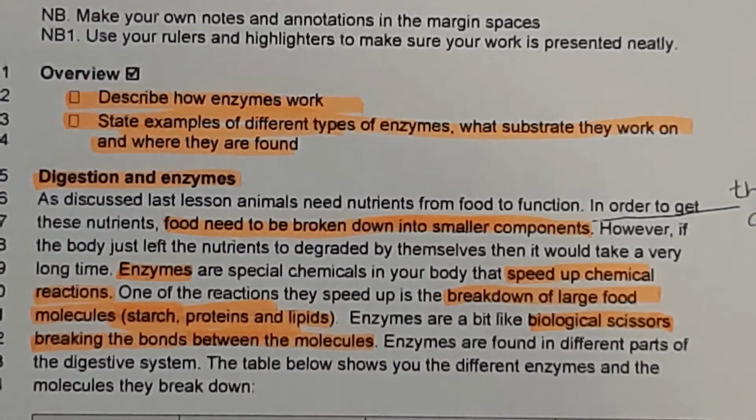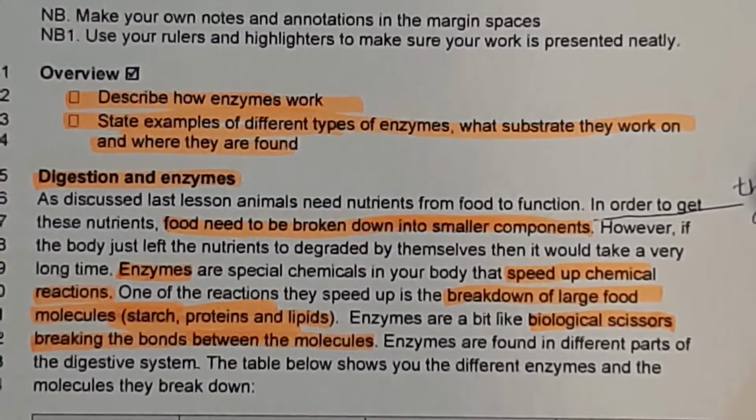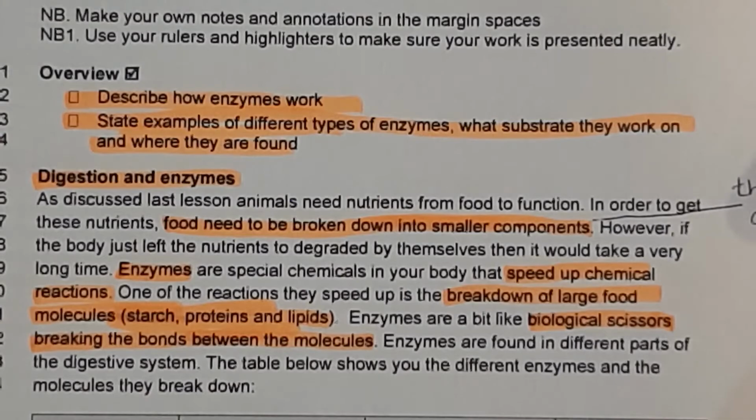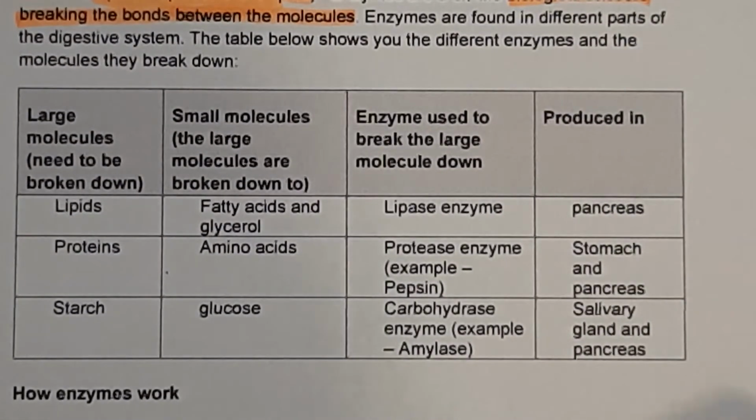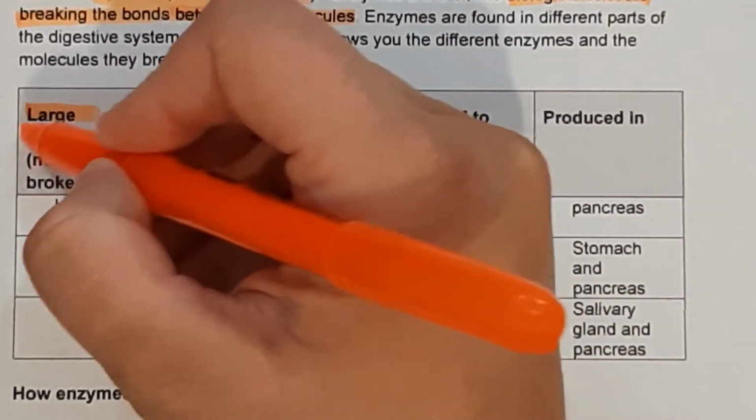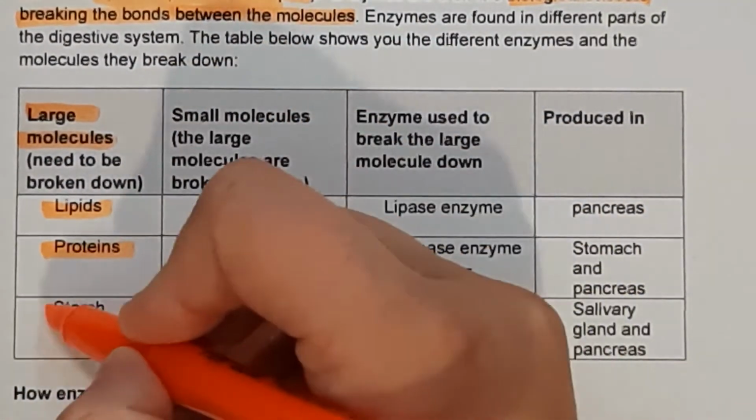Now, enzymes are found in different parts of the digestive system, and this table below shows us where each of these enzymes is made, is produced, and where they work. So here we have the large molecules such as lipids, proteins, and starch.